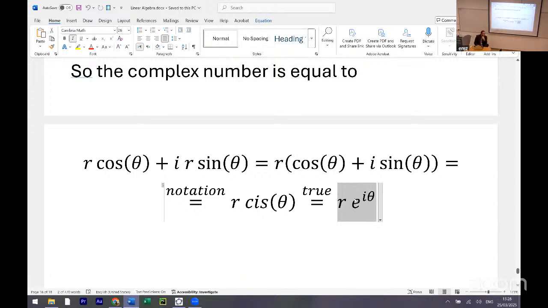And did you wish to ask something? Yeah, I was going to ask why do we have r cis theta when we can just write r e to the i theta? Yeah, because it's not clear at all why e to the i theta is cosine theta plus i sine theta. It's actually true, but it's not clear. And cis helps us remember the formula because it's written there as a shorthand.